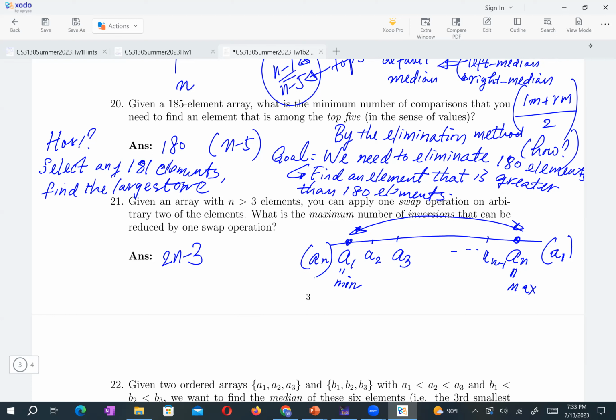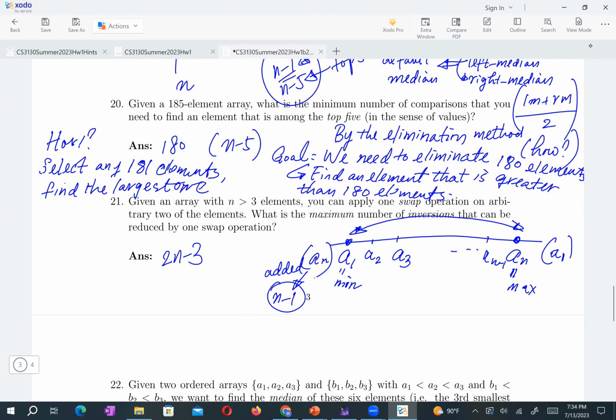After the swap, AN provides the maximum number of inversions, because if you take AN with any other element, you will have one inversion. So AN, after the swap, will provide N minus 1 added inversions. Think of this as added inversions.